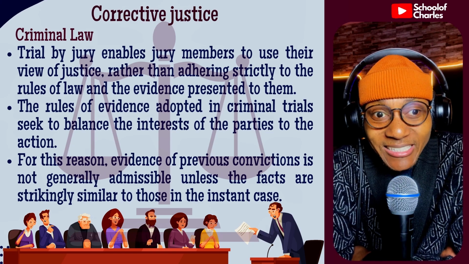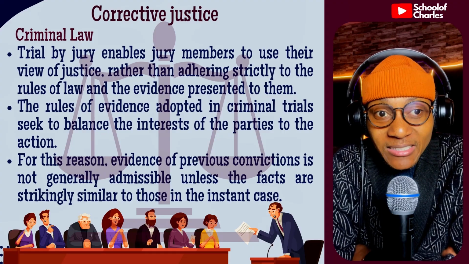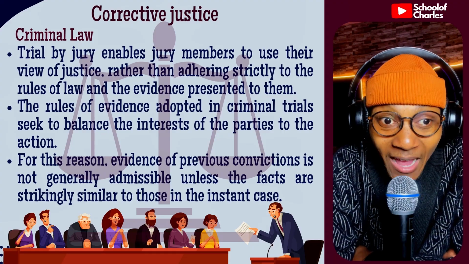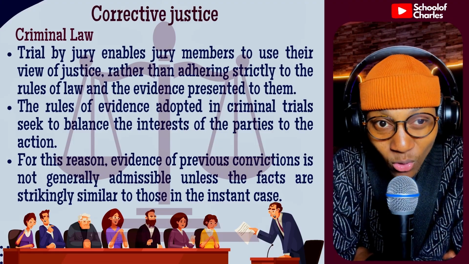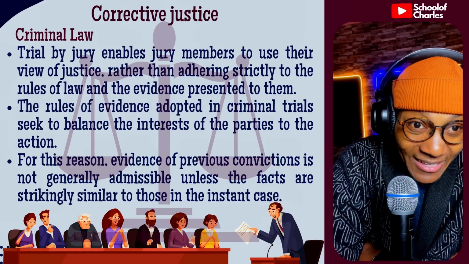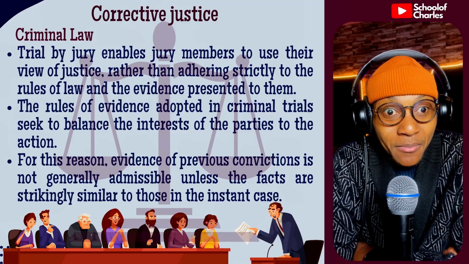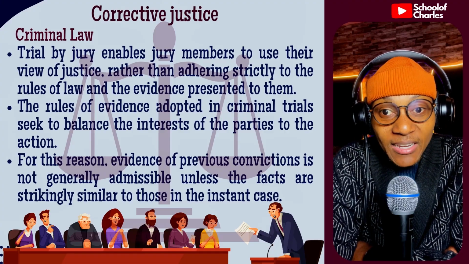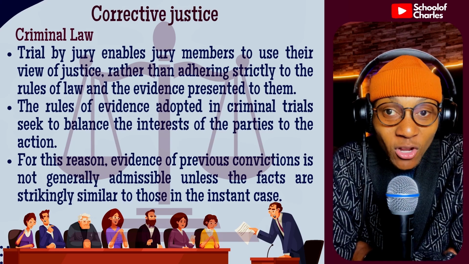Because what that does is it makes the jury and the judge biased. Even if this person did not actually commit the murder or the crime at hand, because the jury now knows that this person was previously convicted of maybe rape or something like that, they will think that this person has committed the crime. They will start to see this person as a criminal, and they will most likely decide that this person is guilty, even though the evidence might not be supporting that.